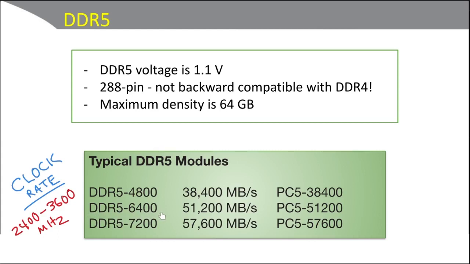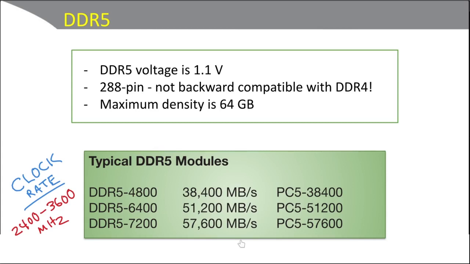Another typical speed is 6400. DDR5-6400 modules can transfer 51,200 megabytes per second. And that module name would be PC5-51200. And as of the recording of this video, the fastest one is DDR5-7200, which could do 57.6 gigabytes per second. But new versions, new modules, higher speeds are always coming out, so be on the lookout for those.